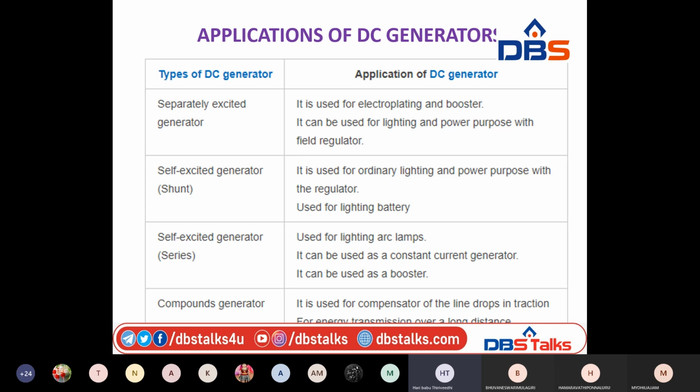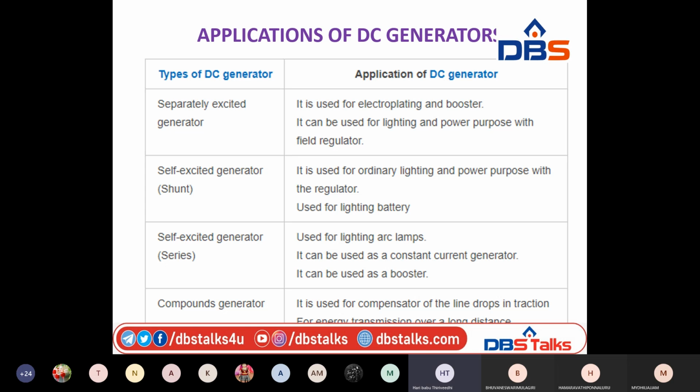So before discussing the characteristics, characteristics is the main important topic. They ask questions like this: explain the load characteristics of a shunt generator. Load characteristics are internal and external.